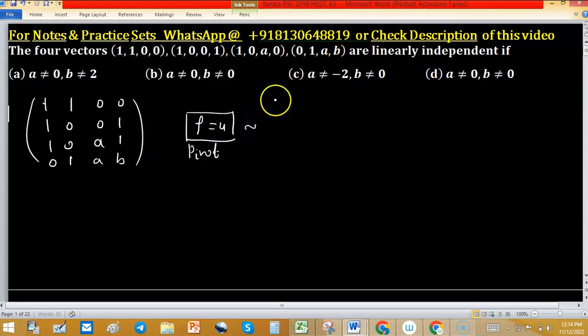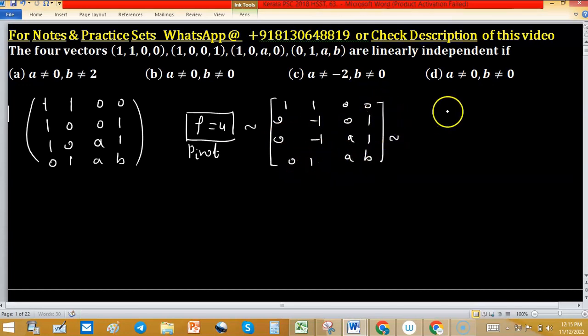Apply elementary row operations. This matrix is equivalent to: there is no change in the first row, second row 0 minus 1 0 1, third row 0 minus 1 a 1, and the last row 0 1 a b.